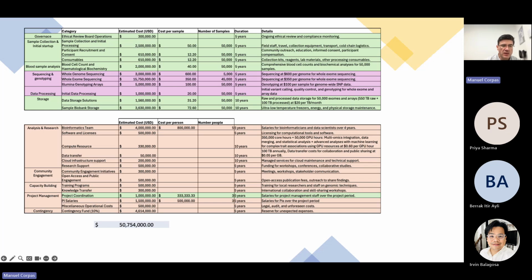Then you have sequencing, data storage, and then analysis and research. So you have the bioinformatics, software, compute resource, data transfer, cloud infrastructure, and research support, community engagement. I'm going a little bit fast, but now you can start to see all of the different components, which I think kind of opens your mind to understand what's behind these data resources.